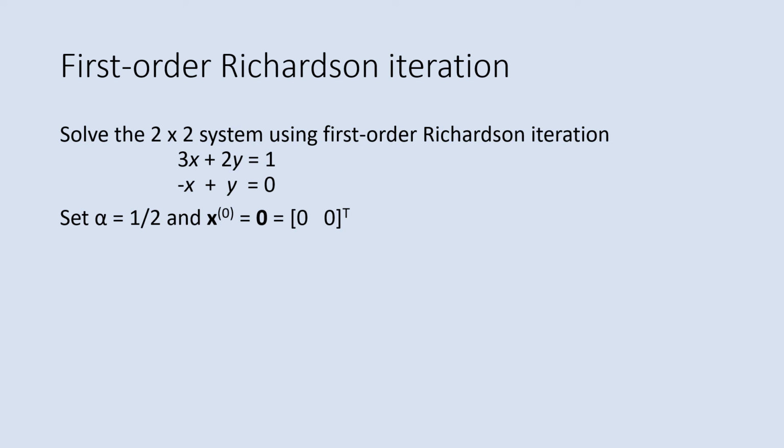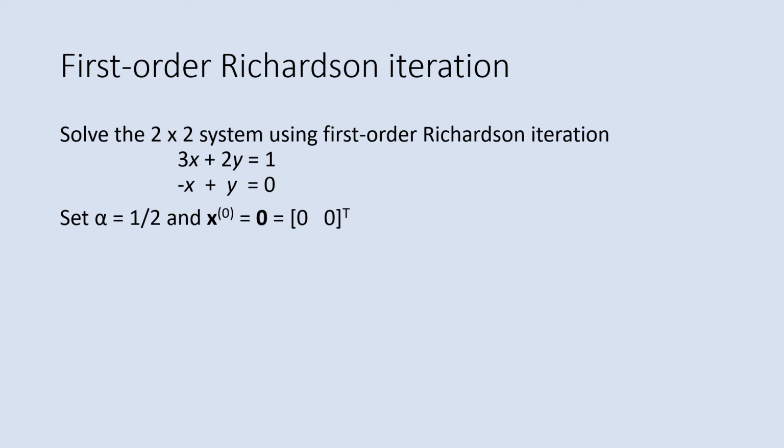So the first step is we select our alpha, and we're going to select alpha equal to 1/2. There are some features of alpha equal 1/2 that guarantee that this will converge.